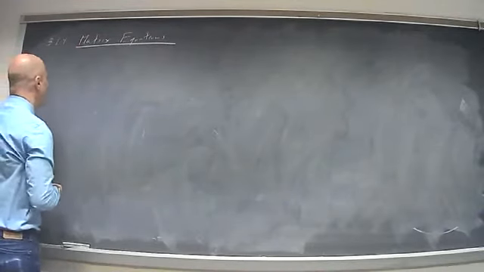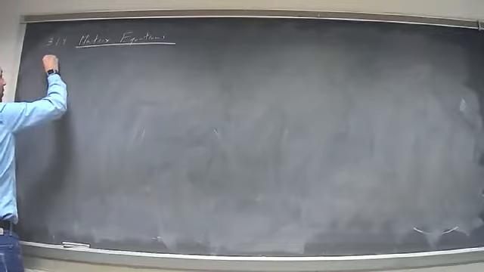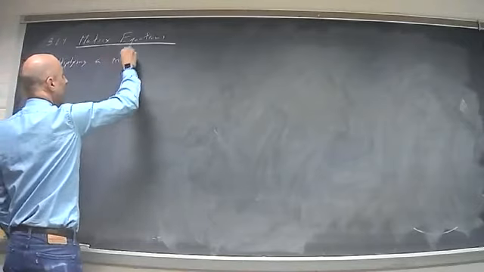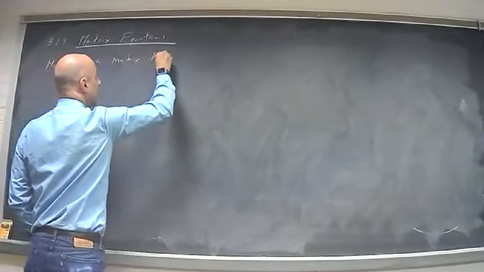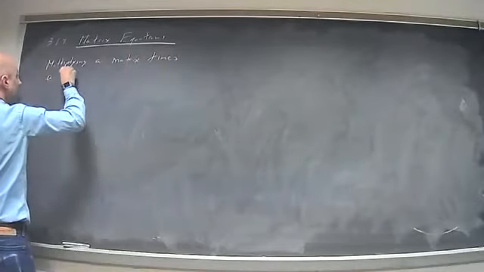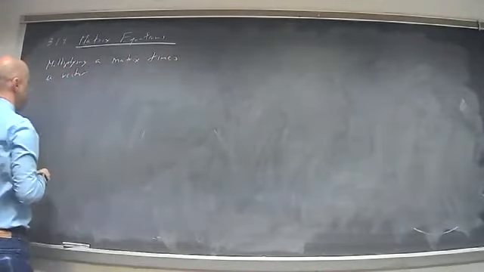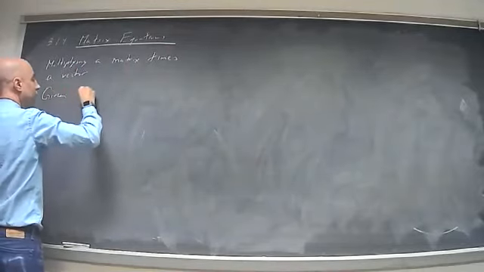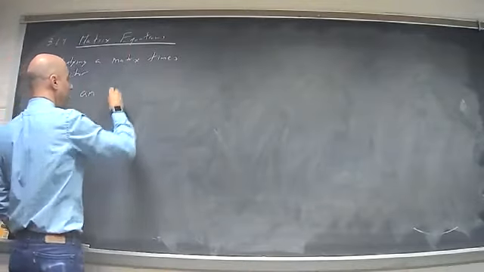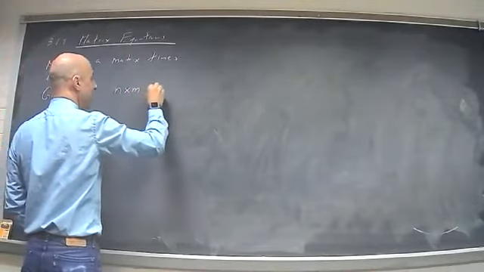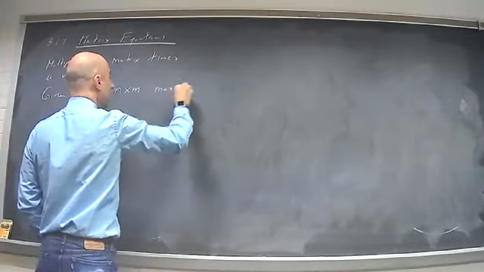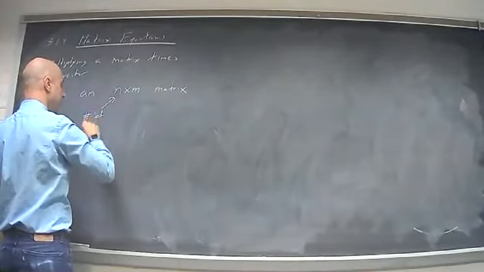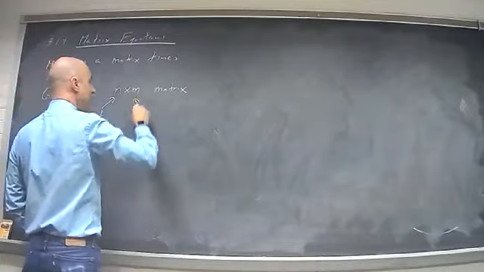So I want to start out by multiplying a matrix times a vector. So given an n by m matrix, so n is the number of rows, and m is the number of columns.